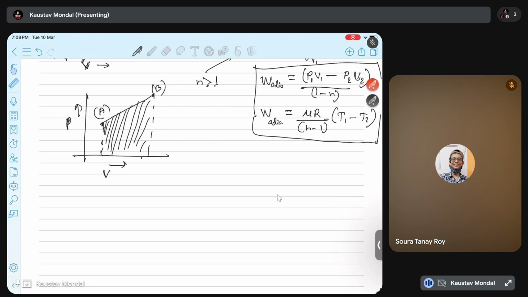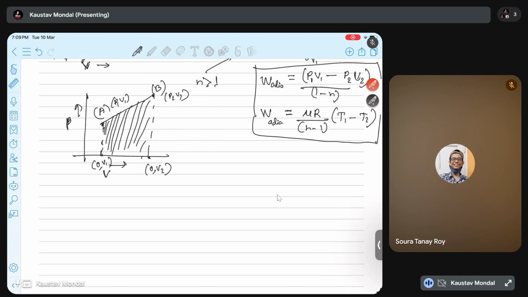You know these coordinates, right? P1 V1 to P2 V2. So this coordinate should be here, 0 V1, and here 0 V2, where the pressure is 0.